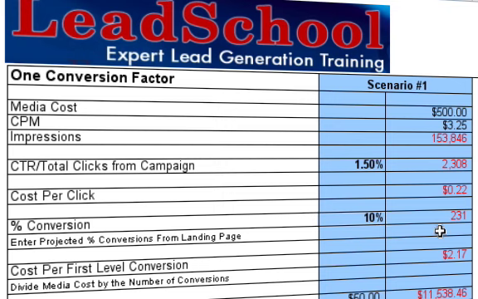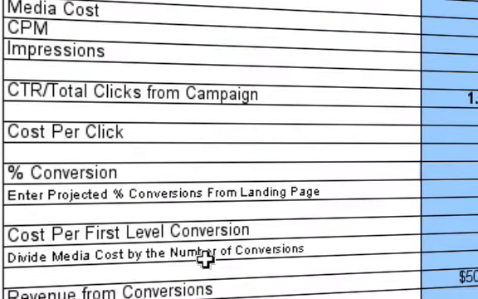But whatever that conversion is, whether it's a lead or a sale, would be something that you would know and how to calculate here. But 10% of that 2,308 would be 231. Then here it says your cost per first level conversion.